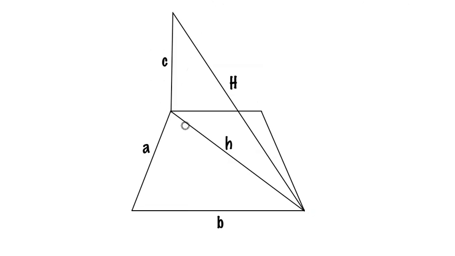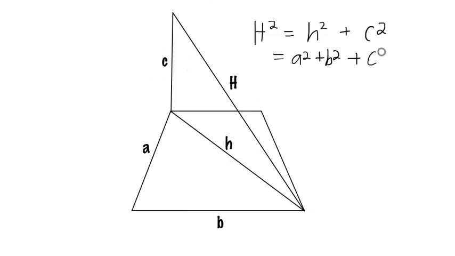This new right triangle has a base of length h and a perpendicular side of length C. Its hypotenuse is capital H. Now, since this is just a right triangle, Pythagoras' theorem in 2 dimensions tells us that the square of big H is h squared plus c squared. But we already know that h squared is a squared plus b squared. So this line here has a squared length of a squared plus b squared plus c squared.